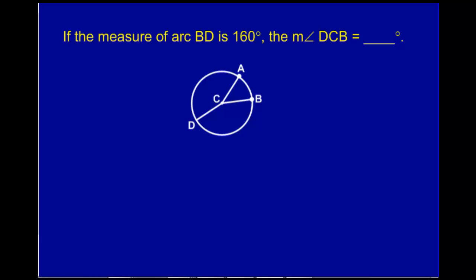So, how can we apply that? Let me point out here that arcs can also be named with a little symbol, that's the arc symbol. So instead of writing the word arc, we could call this arc BD, with a little curved line above it, is 160.